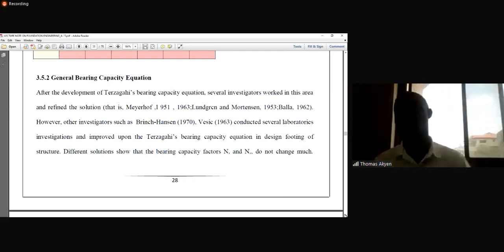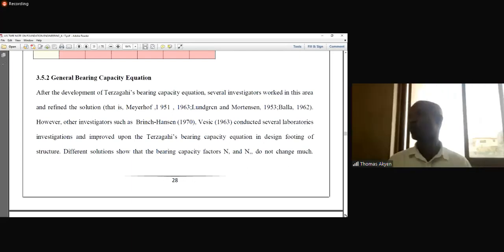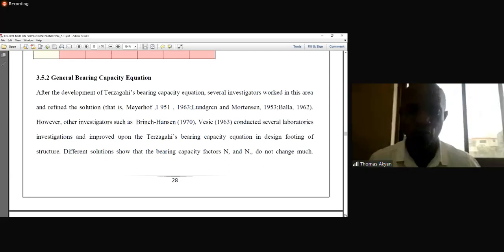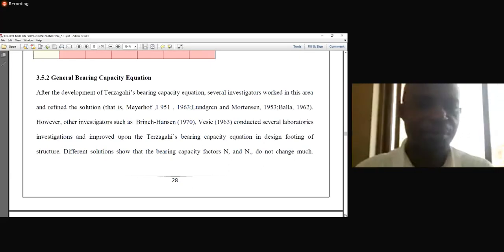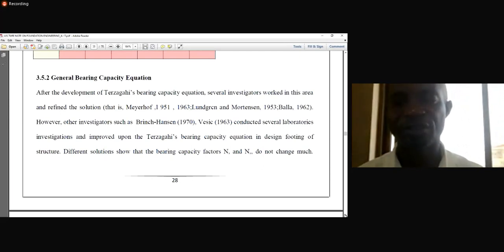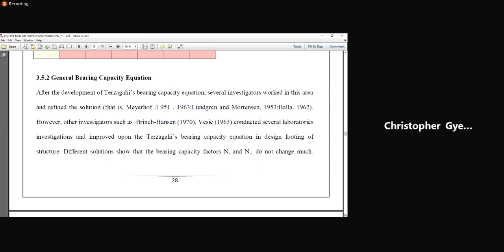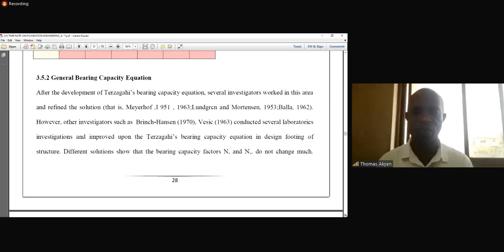All these were researchers and investigators with comprehensive work on the Terzaghi bearing capacity equation. It was presupposed that it has shortcomings. So some investigators came up with some ideas and decided to work to improve on that equation.